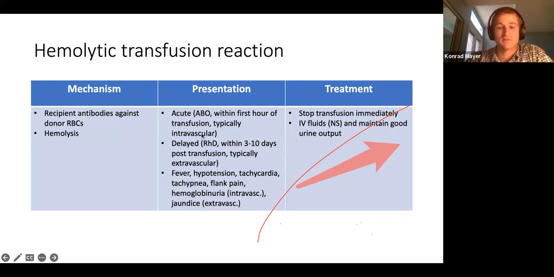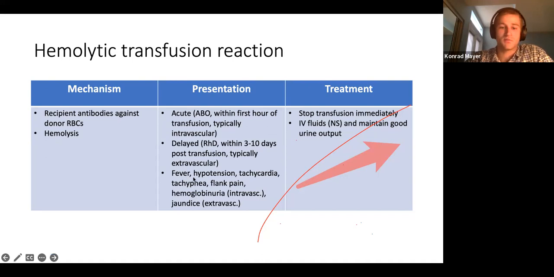In contrast, patients can also have a delayed hemolytic transfusion reaction, and this is the other antigen classification system, the Rhesus D, can happen within days post-transfusion, and this happens in the reticuloendothelial system, which is extravascular.